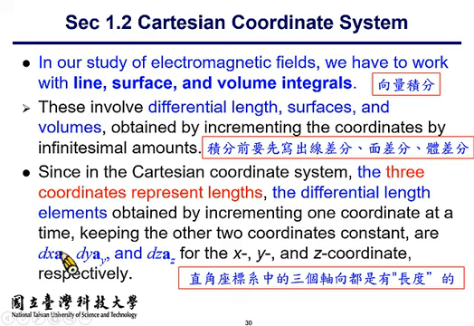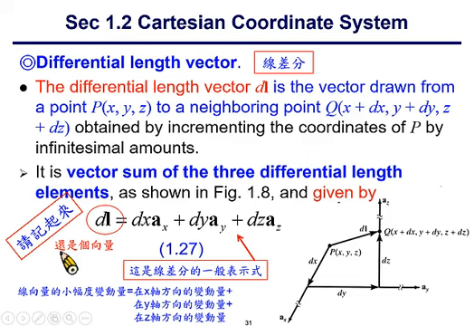So this definition is convenient for taking the so-called line integral. If you want to perform line integral, 线积分, you should begin with the differential length vector.